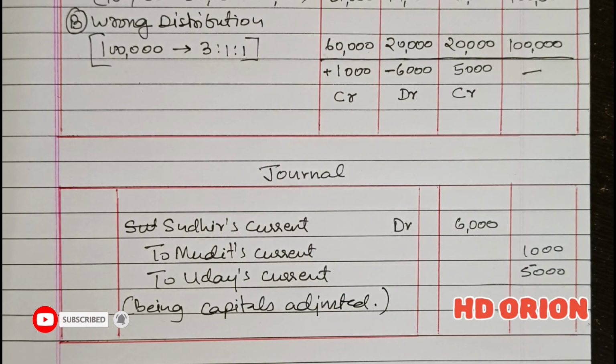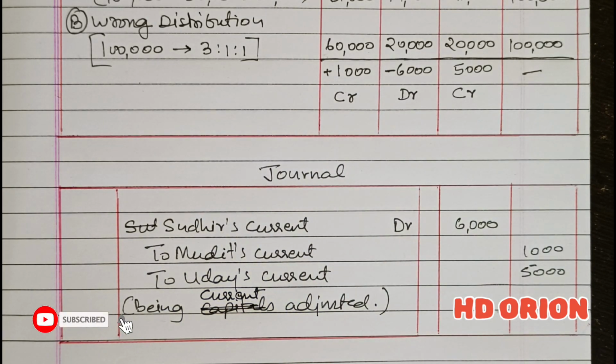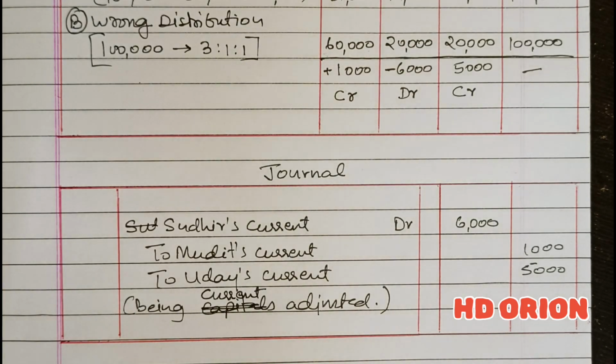So being the amount has now been adjusted, you can write current account here. Now all the capital or current accounts of the partners are as per the partnership deed. So this is what the solution is.